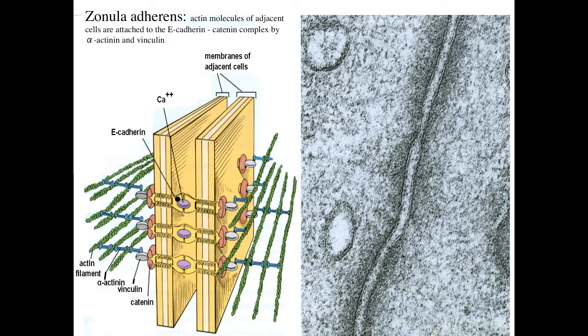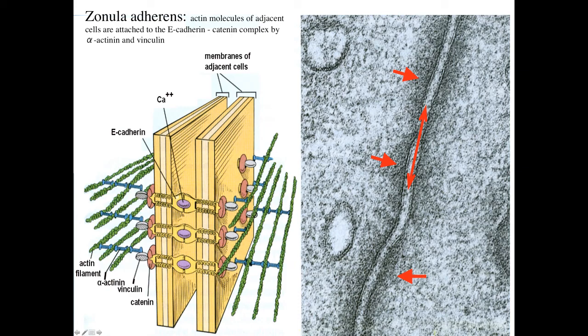As shown in the electron micrograph, there is actually a space between the cells, but you also get a sense that there's some type of proteinaceous material between the cells, and that's what's reflected here in the diagram.